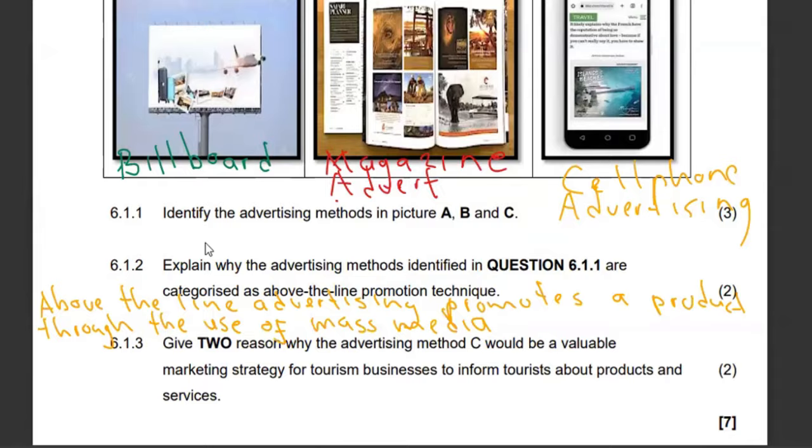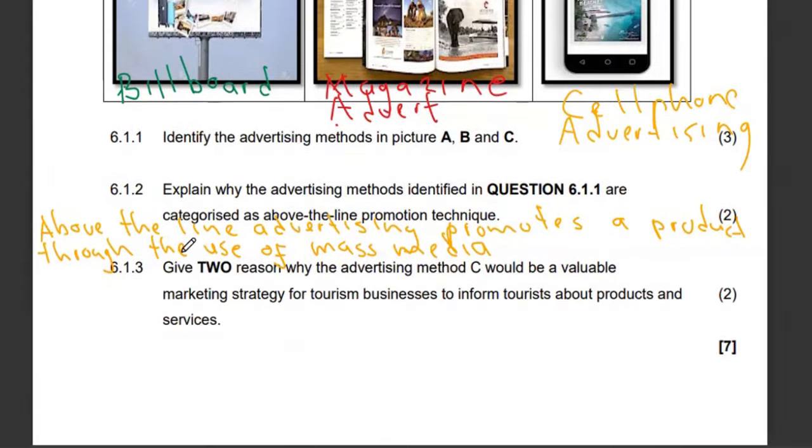Give 2 reasons why advertising with method C would be a valuable strategy for tourism business to inform tourists about products and services. So one thing about C, that's a cell phone. It is easy to use.